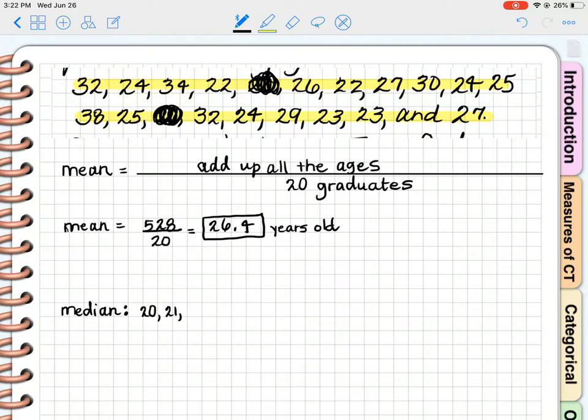How about 22s? There's 1, 2, and you want to count both of them because they're two different people. 23s, there's 1, 2. 24s, 1, 2, 3.